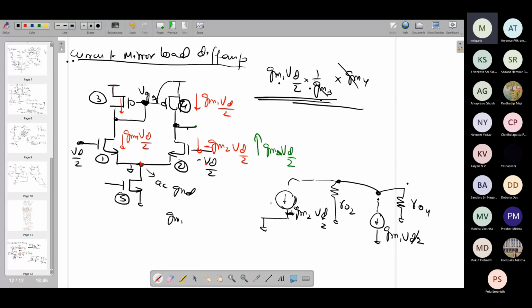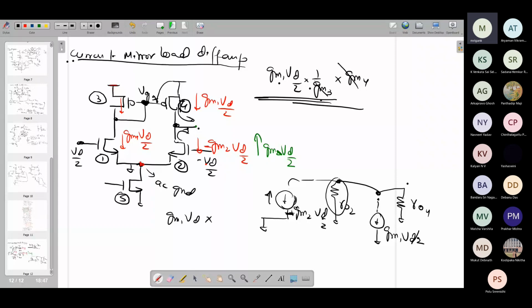So one of them is minus sign flowing downward, and then if you change the direction, it becomes upward, and then you have the gm1 VD by 2 flowing in this direction, and therefore the overall current that goes into the resistance is going to be a combination of gm1 VD by 2 from the M4 and gm1 VD by 2 from the M2, and that gives you basically overall gm1 VD.